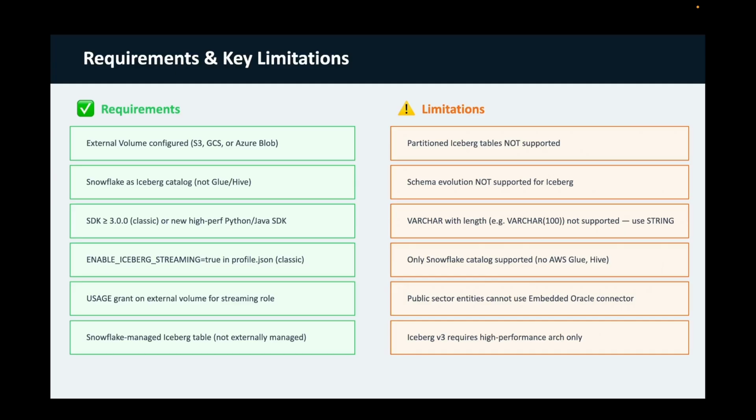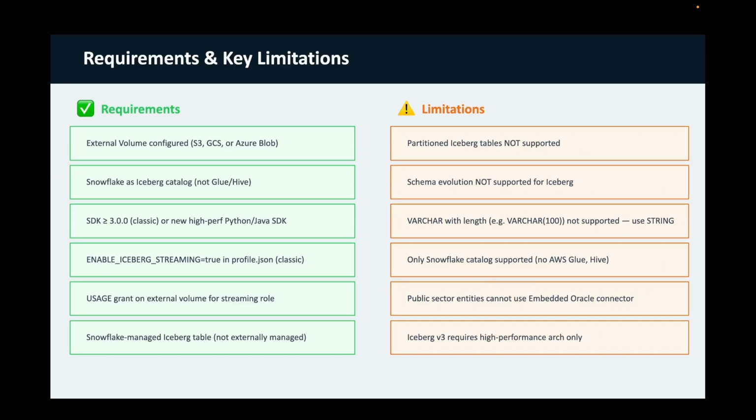And use an SDK greater than 3.0, also the new high performance Python and Java SDKs. For the classic one, we should use SDK 3.0.0. For the new high performance Python and Java SDKs, you can bring the latest SDKs available.